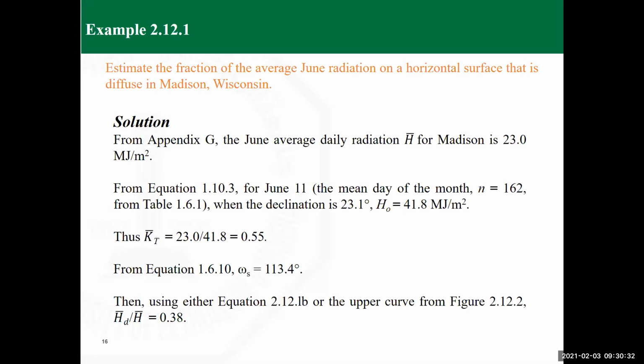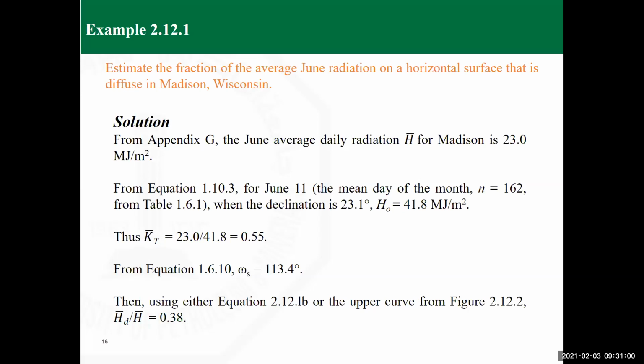For the latitude and the declination of 23.1 degrees, because we're talking about June, you selected the day of June, which is June 11, according to what we see in the figure, if you remember. And for June 11, you can get the value of H naught from the figure as 41.8.